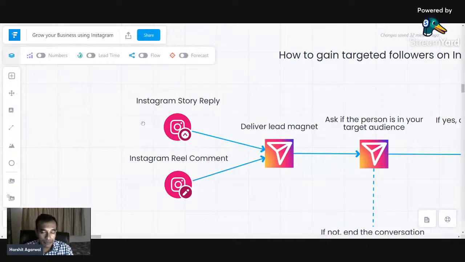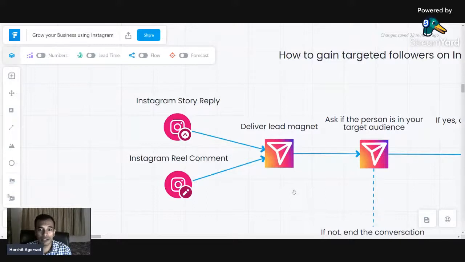Create stories and reels which talk about the lead magnet. Talk about how the lead magnet could benefit the target audience, and use stories and reels to share that message with the audience, and ask people to reply to the story or to comment on the reel to get the lead magnet.